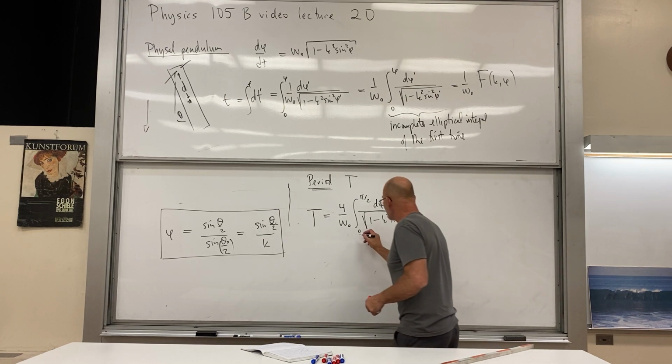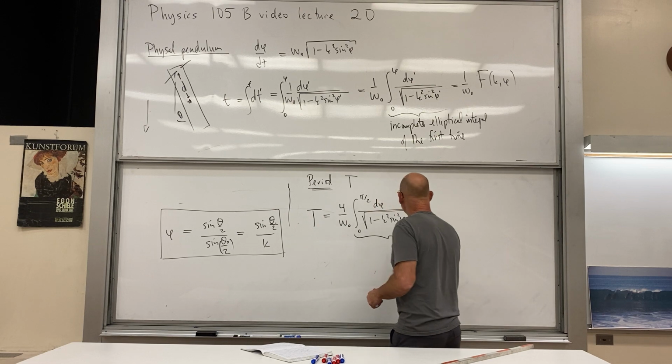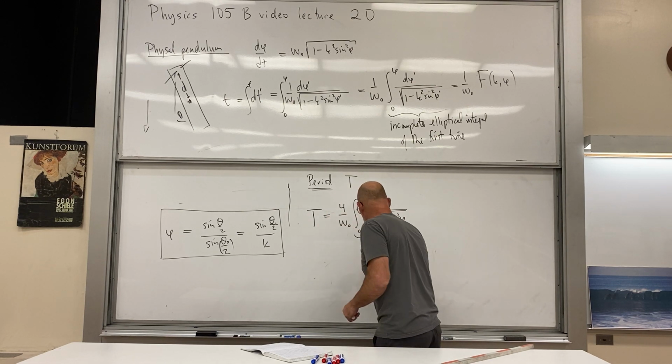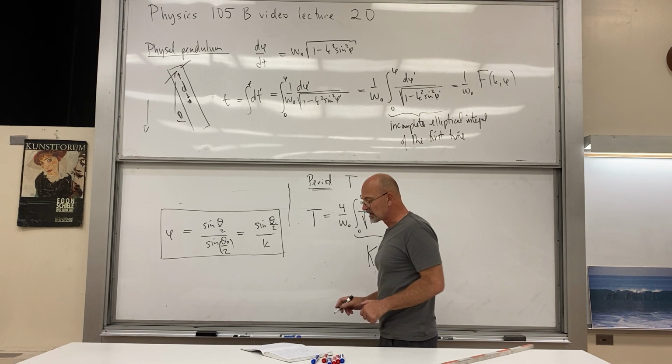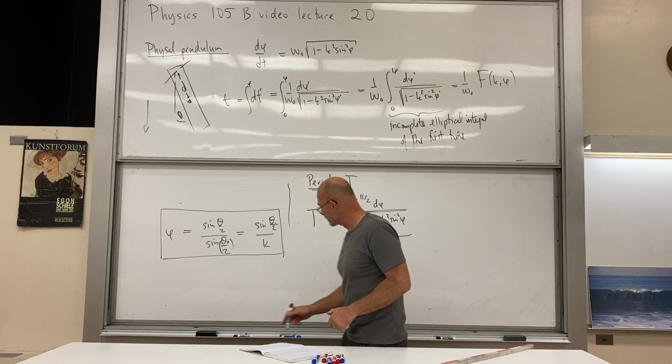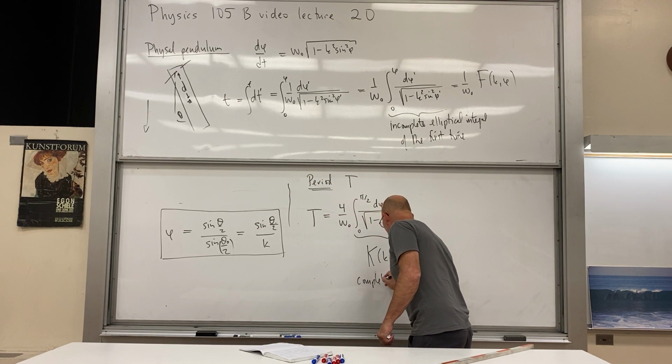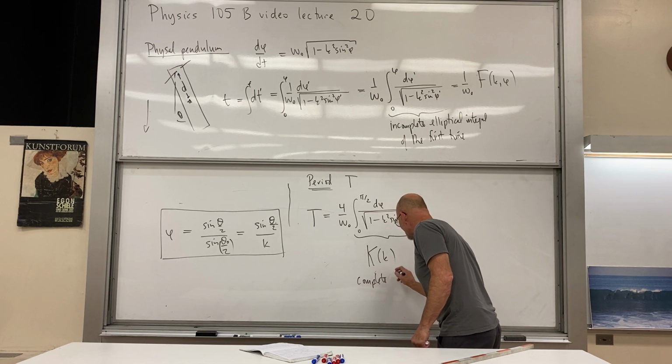And this also gets a name. This is capital K of lowercase k, and that's the complete elliptical integral of the first kind. And again, you could tabulate these, as we'll find them tabulated.